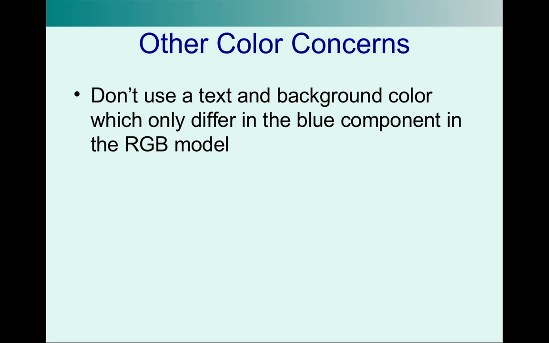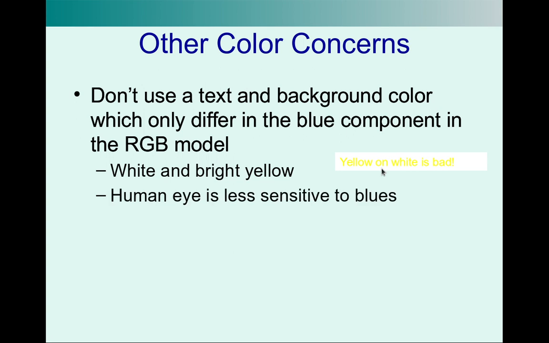Don't use a text and background color which has only a difference in the blue component in the RGB model. One such combination is white and bright yellow, which is just seen here, where the text is not that legible, because the human eye is less sensitive to blues.